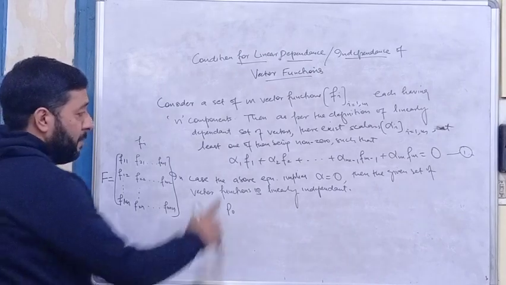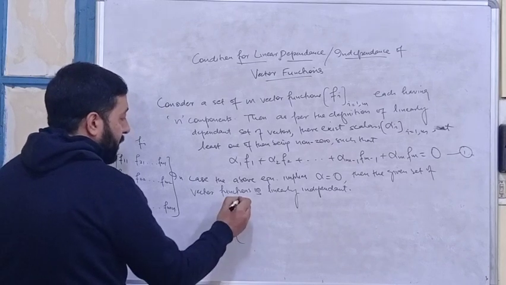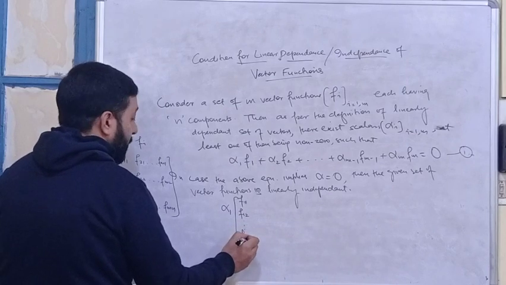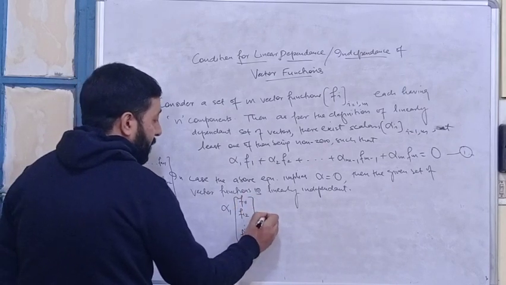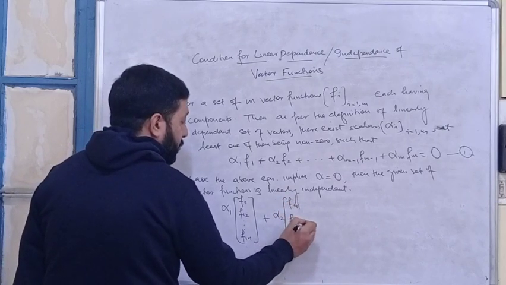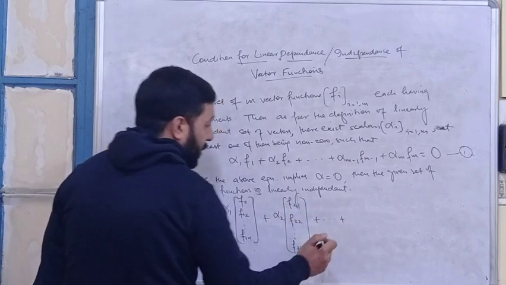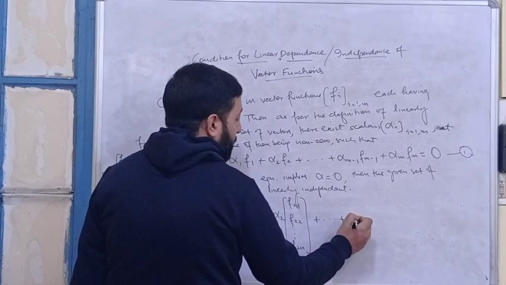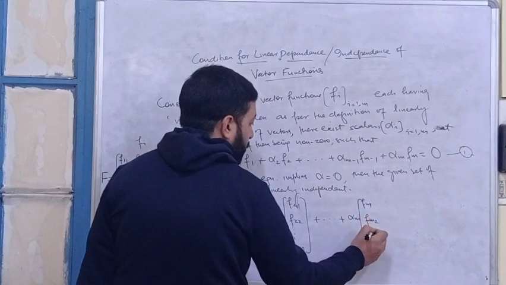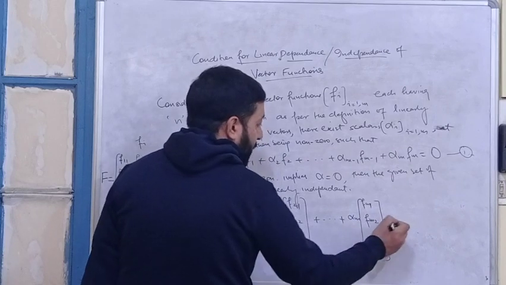So the equation is alpha 1 times f11, f12 up to f1n, plus alpha 2 times f21, f22 up to f2n, plus so on, alpha m times fm1, fm2 up to fmn, equal to 0.